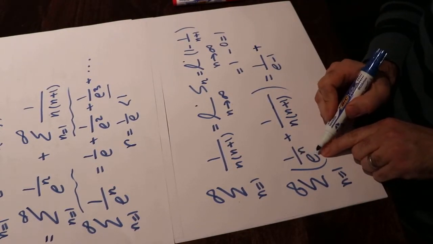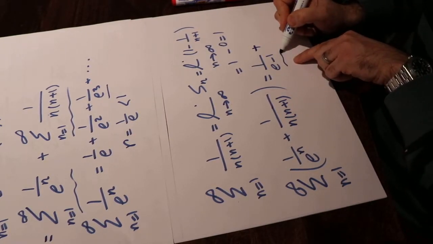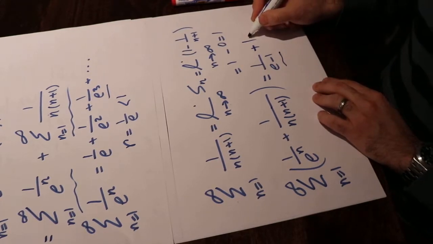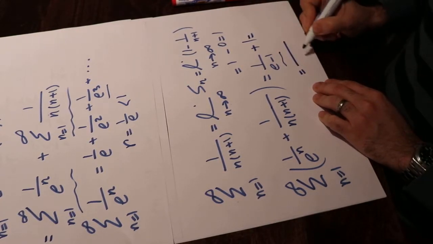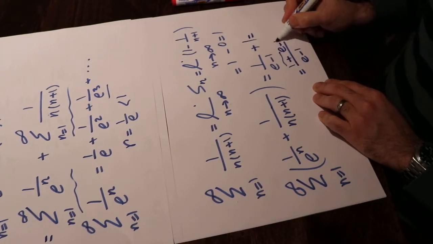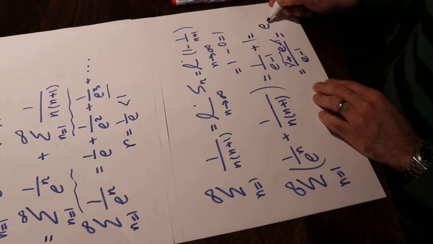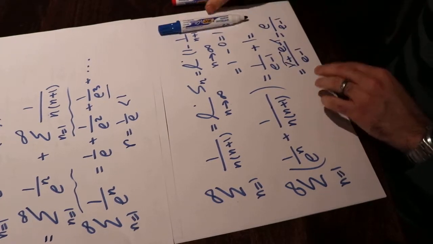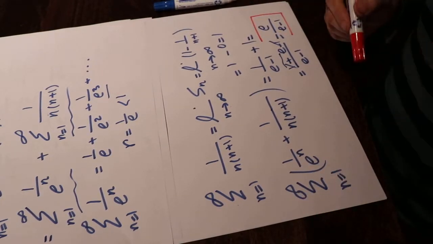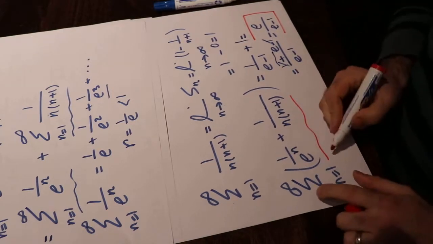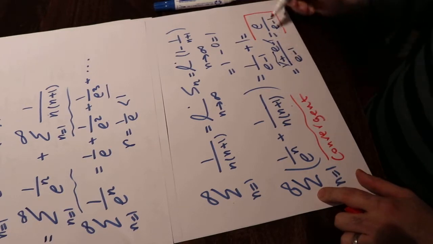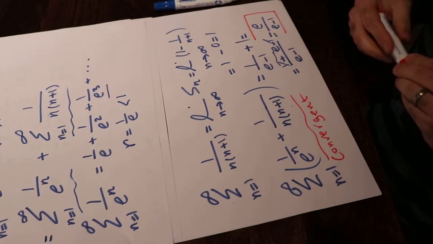So the total will be 1 divided by (e minus 1) plus 1, which is e divided by (e minus 1). That means this series is convergent, and it will be equal to e divided by (e minus 1).